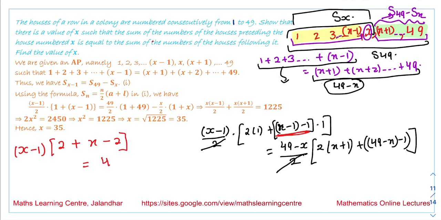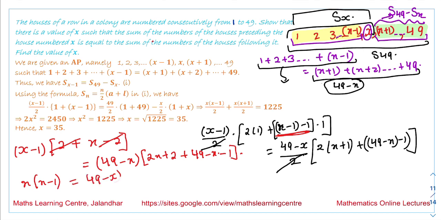That is equal to 49 minus x into 2x plus 2 plus 49 minus x minus 1. These two values get cancelled and we are left with x into x minus 1 equal to 49 minus x into x plus 50.